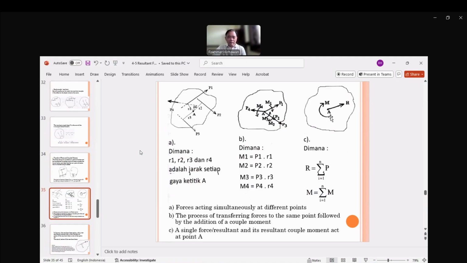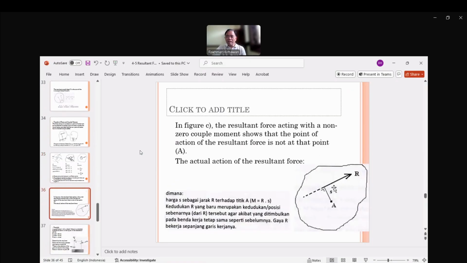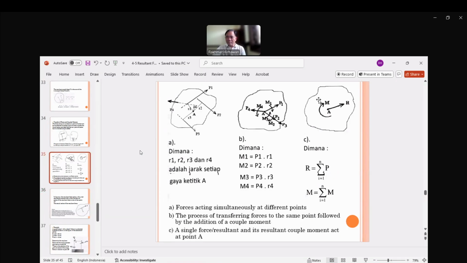If you have M in the resultant, that means the actual place of the resultant is not at point A, but somewhere that makes point A rotate like an M. So this is what we need to find. The location of R is at a distance S from point A in this direction. Because of this, point A needs to withstand the rotation effect of R in the clockwise direction, just like this M.